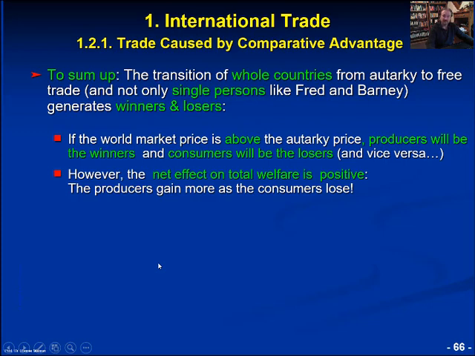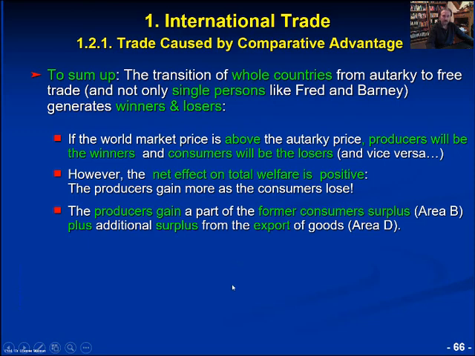However, the net effect on total welfare is positive. Producers gain more than consumers lose. The producers gain, apart from the former consumer surplus, area B, plus additional surplus from the exports of goods, area D.